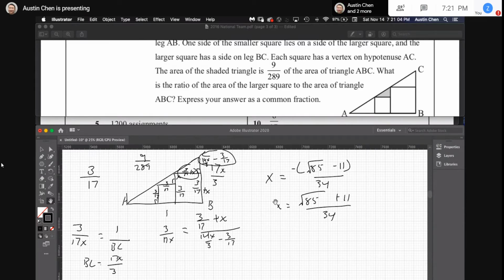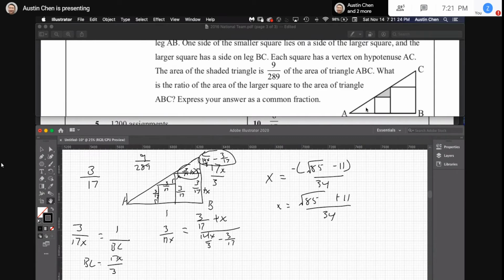So our two different values of x are for those two cases. It doesn't specify which case it is, so we could really use any one here.